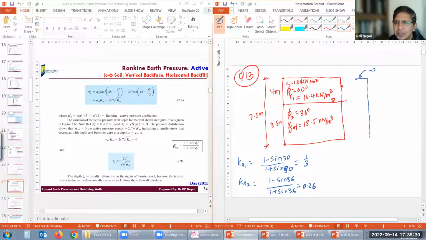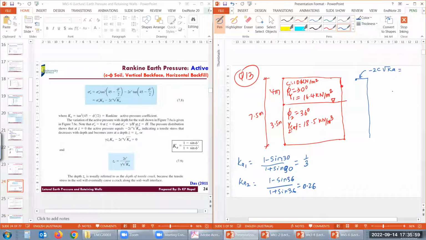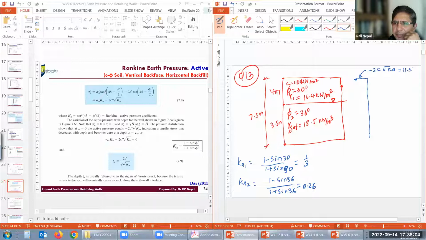Because you know the Ka value for the top layer, and you also know the c value. 11.55, negative, right? So negative 11.55, that part. Good, that's done.